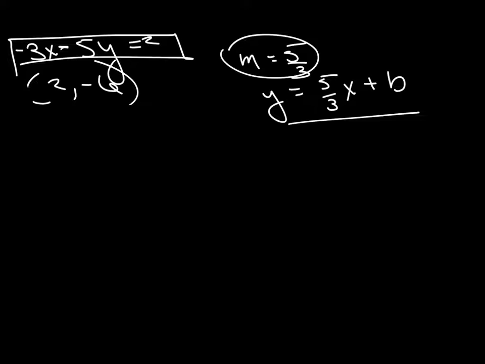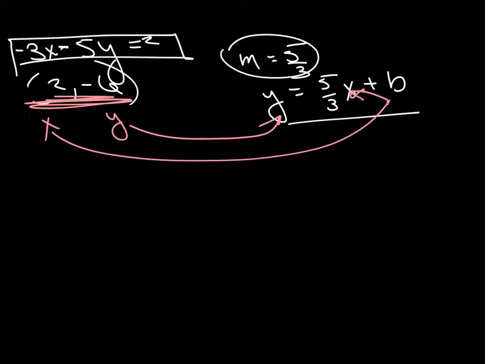The simple way to find our b is to take our point right there. This is our y, that's our x, and we're going to just plug them in for our y and our x. So instead of a y, we'll put a -6, and instead of an x, we'll put a 2.